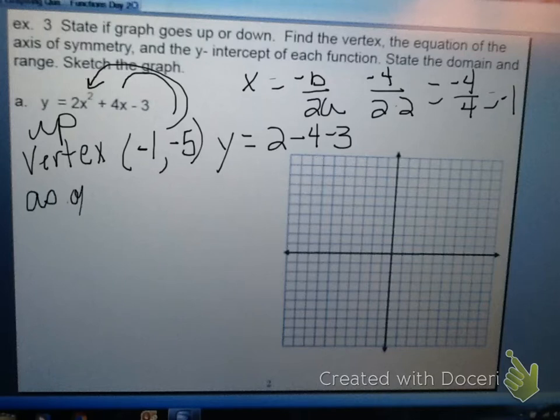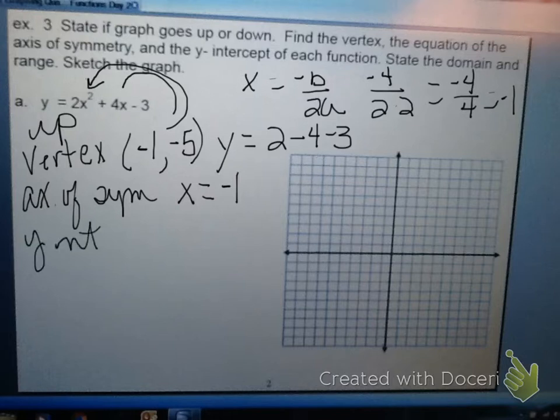The axis of symmetry is always a vertical line. The equation of a vertical line is x equals the x value of your vertex, which is negative 1.